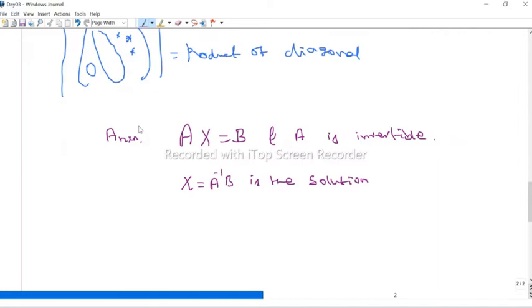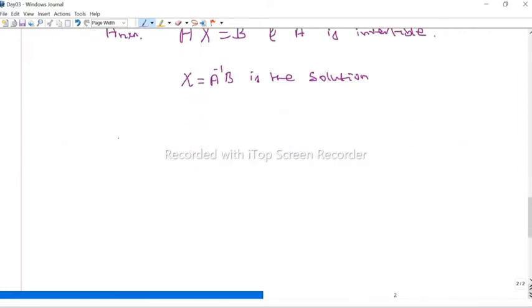Okay. So maybe I state this as a theorem. The theorem says, suppose A is an n by n invertible matrix.